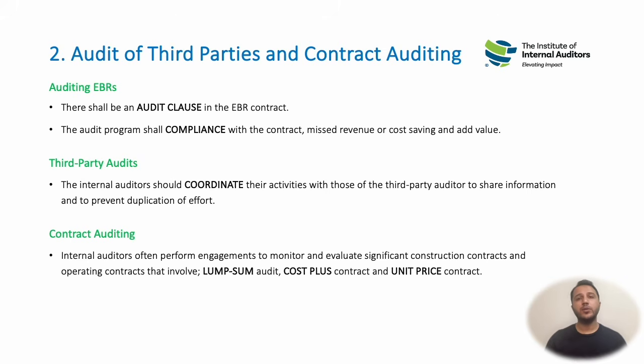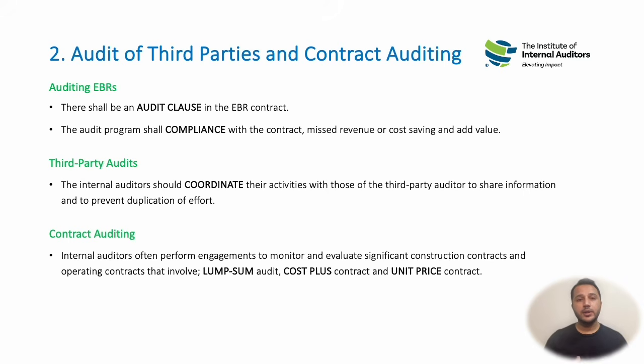We have to consider whether we can gain efficiency by mutually carrying out an audit with the third party, or providing our resources, or using their resources, or using their reports for our assurance purposes, just to avoid duplication. So this is one thing, how we can coordinate with them. In unit 1 we discussed in detail how internal audit can coordinate with the third party, and how we can carry out the audit accordingly.